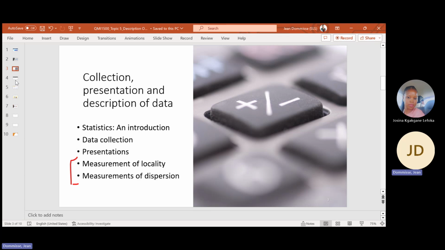What I'm going to show you is how to do it in Excel. Most of this we can do in Excel. Afterwards, I'm going to share that on our WhatsApp group as well, so that you have it.